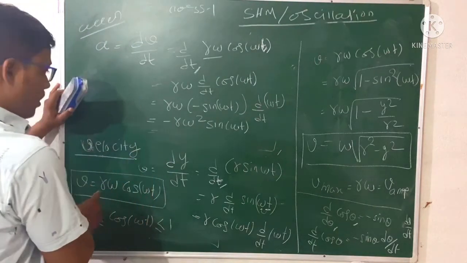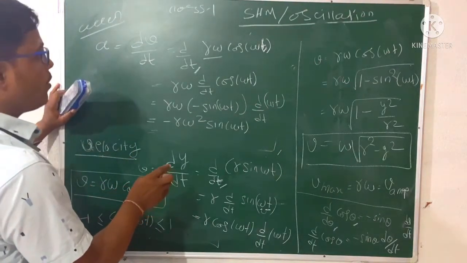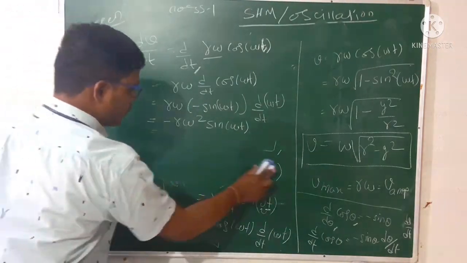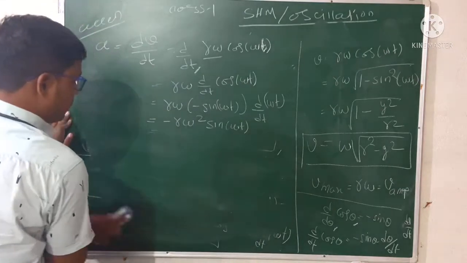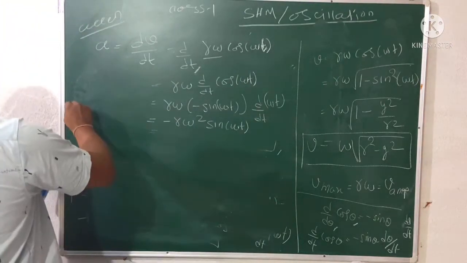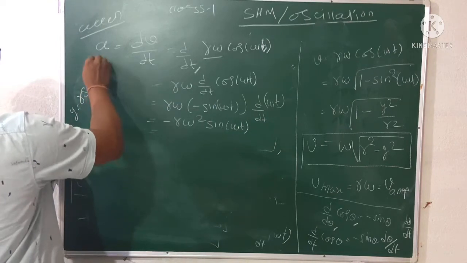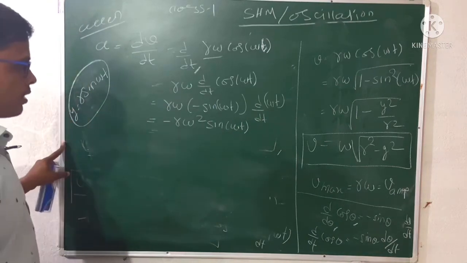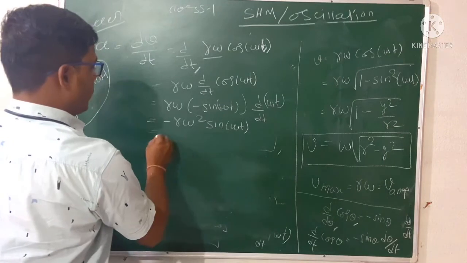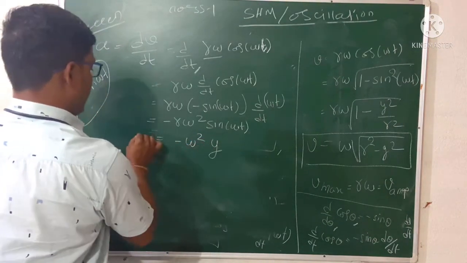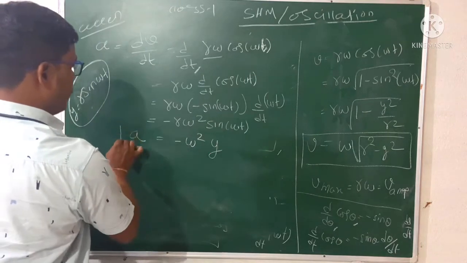What was our position? Y equal to r sine omega t. So r sine omega t will be y. That means minus omega square y is our acceleration.